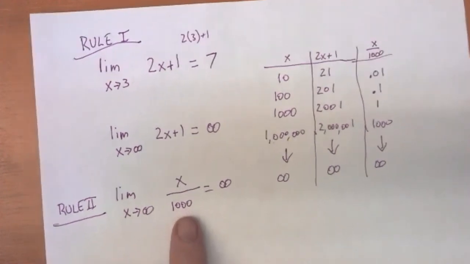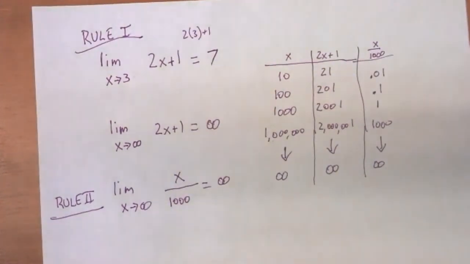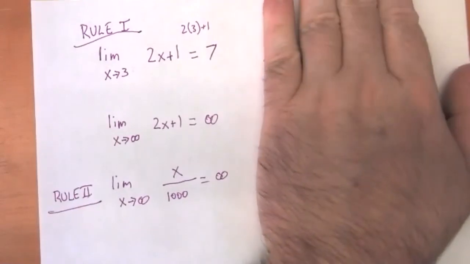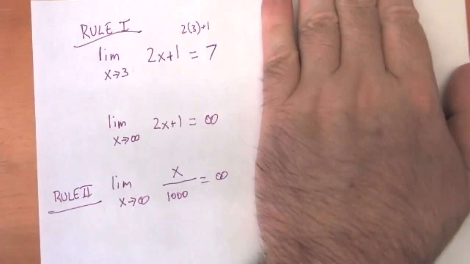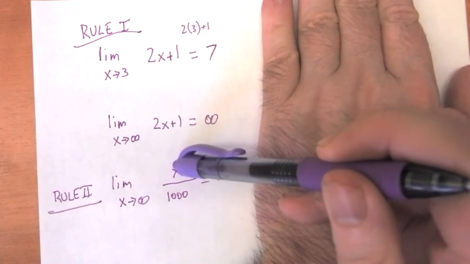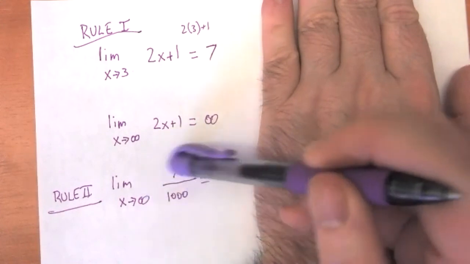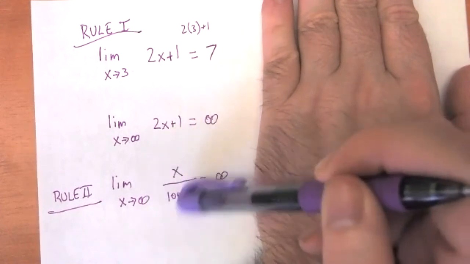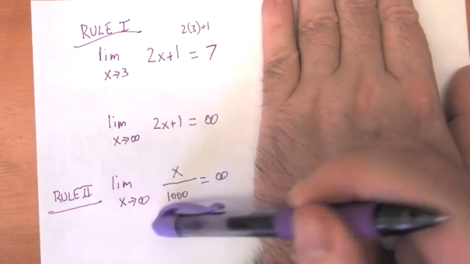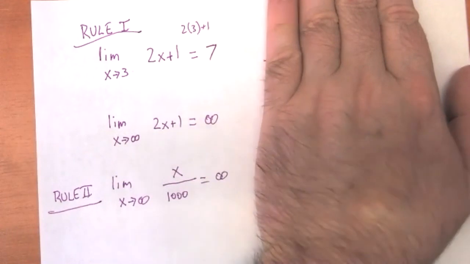So this gives you two basic ideas about ways that you can evaluate limits without looking at the table. I just made the table so we could have something to talk about, but you could figure these things out just using your intuition. As x goes up from 1,000 to 1,000,000 to 1,000,000,000, you can see that even dividing it by 1,000, this number is going to get bigger and bigger. And we express that mathematically by saying that this limit is equal to infinity.